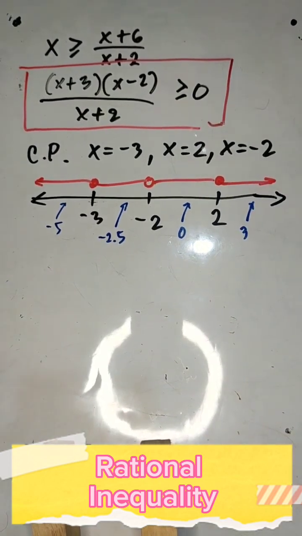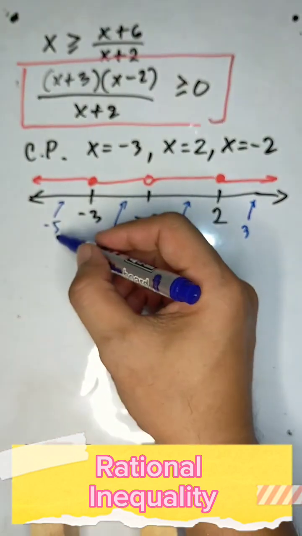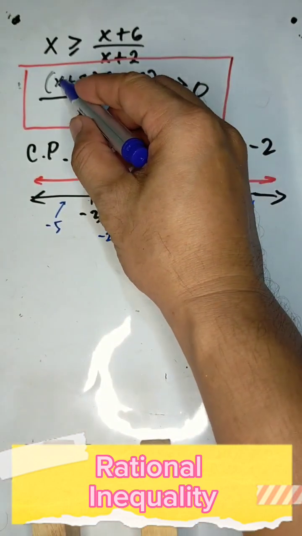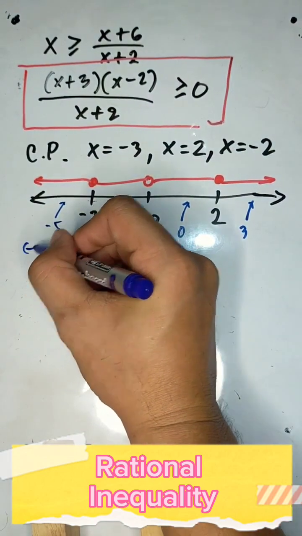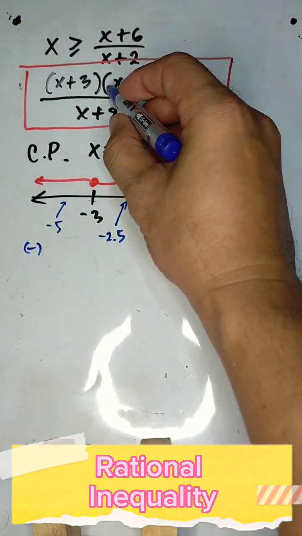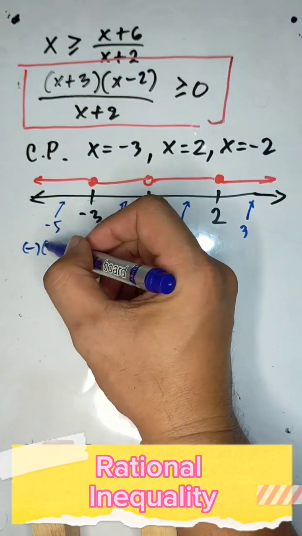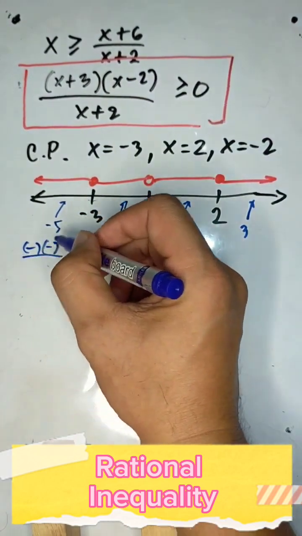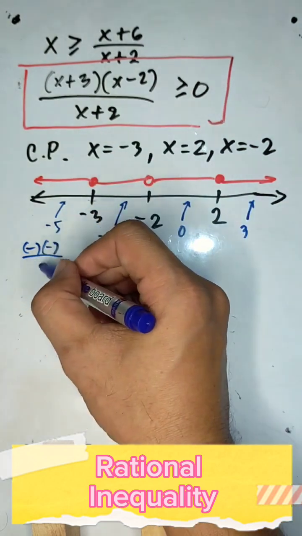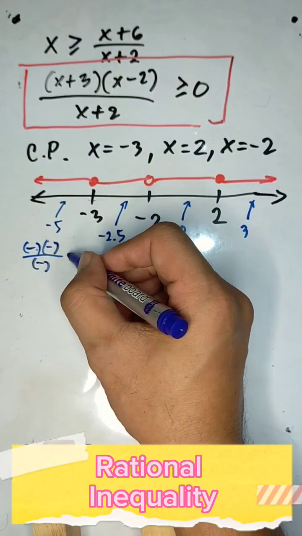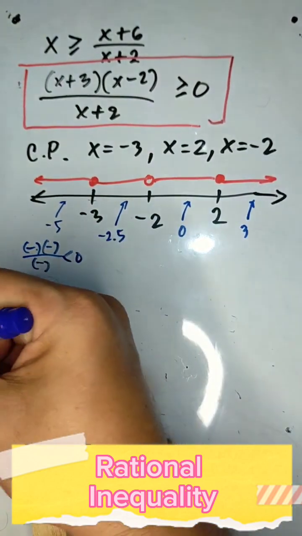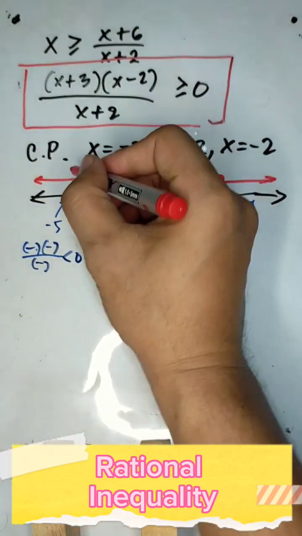Okay, so let's take this one here, negative 5. Negative 5 plus 3 is negative 2, so the first factor is negative. Negative 5 minus 2 gives us negative 7, it's negative. Negative 5 plus 2 gives us negative. So negative times negative is positive, divided by negative gives us negative. And this is false here.